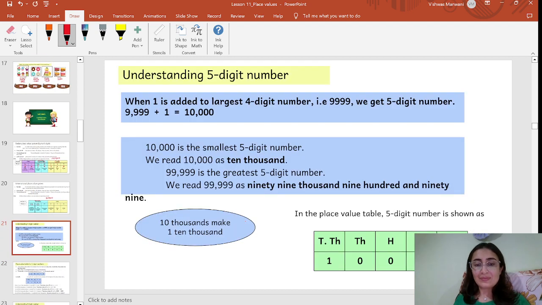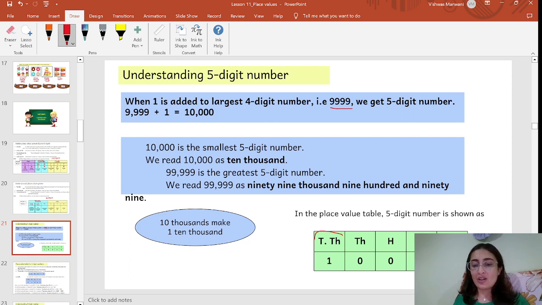Okay, let's continue. In our last slides, we had studied till the largest 4-digit number, which was 9,999. Now if we add 1 to this, we will get the smallest 5-digit number, which is 10,000.